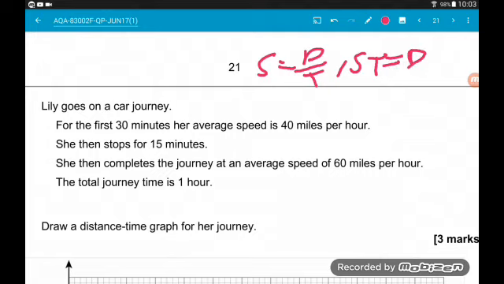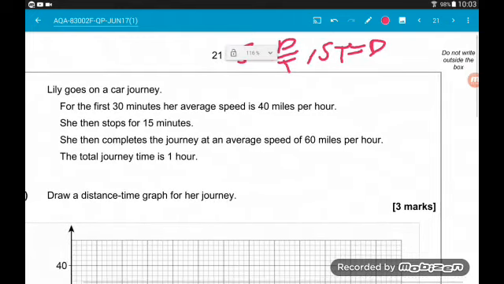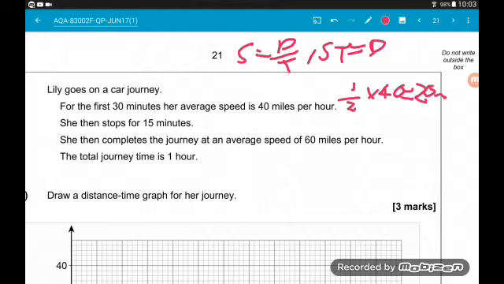So in the first part of her journey, 30 minutes is half an hour, so we want to do 1/2 times the speed, which is 40, so that's going to give us 20 miles. So that gives us our first point to plot, which is going to be 30 minutes along the bottom, 20 miles up the side. So we plot that point and draw a straight line from 0, 0 to it. So it will look like this.